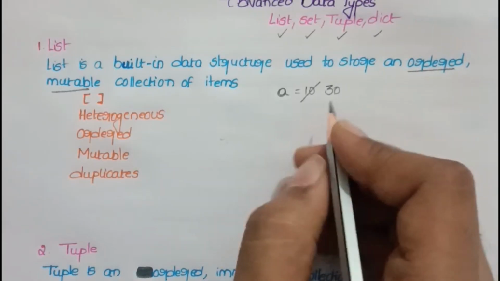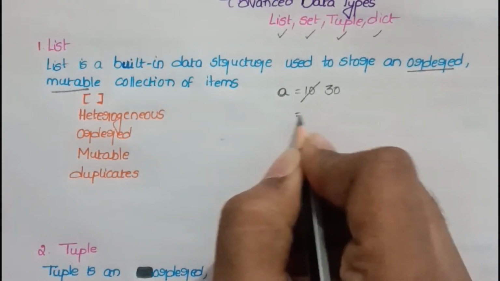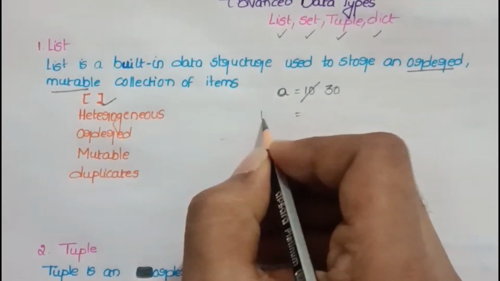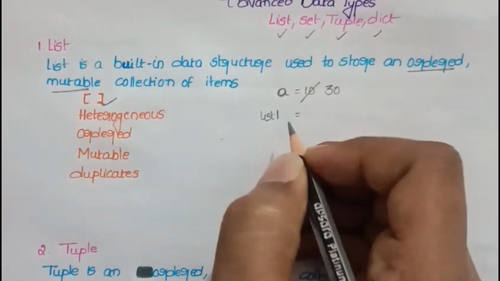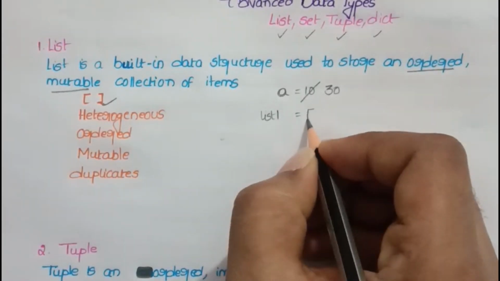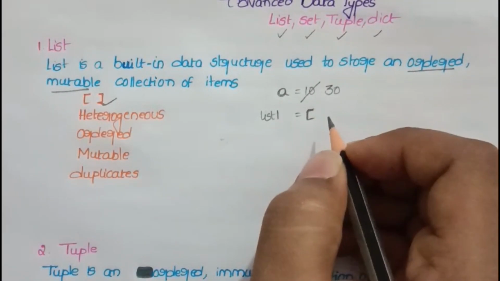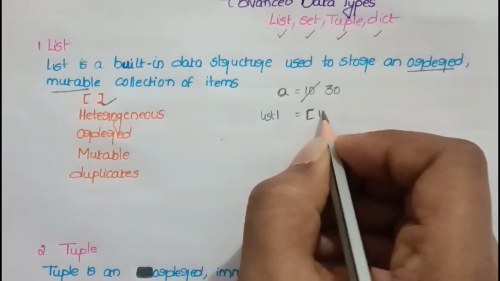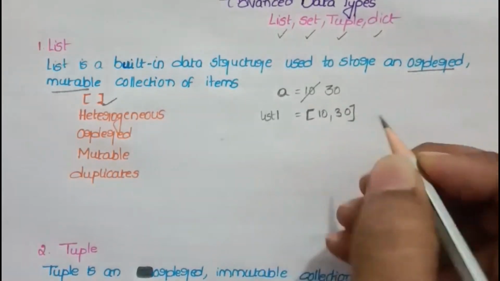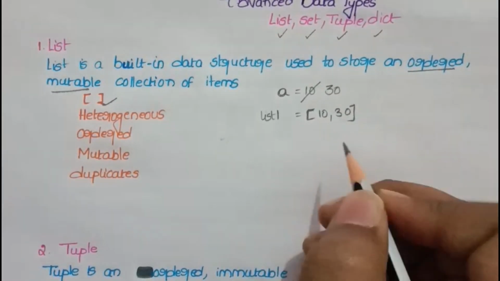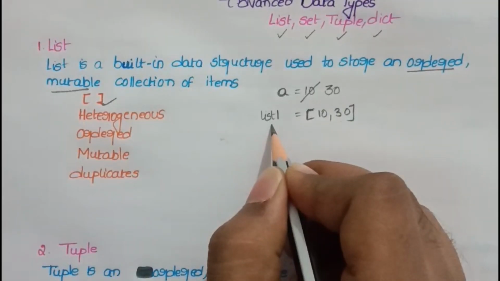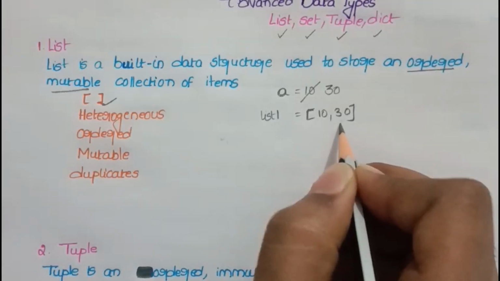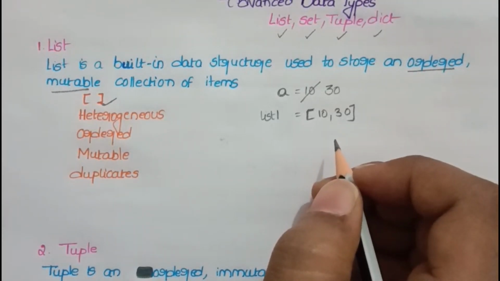Let's see how. To define a list we will use square braces. So list1 is a variable and the braces represent we are declaring a list. A list can hold multiple values at once, like this: 10, 30. list1 is a variable of type list having 10 and 30 as its elements.